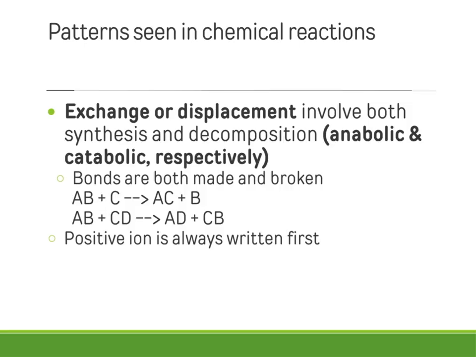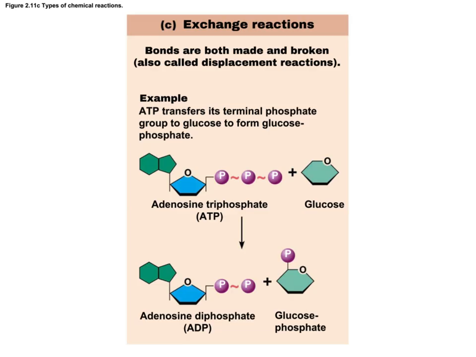But more often than not, we see exchange or displacement reactions, where we have both synthesis and decomposition. So you have both building and breakdown, or anabolic and catabolic. And that's where bonds are made or broken. When you're writing ions or ionic bonds in these chemical equations, make sure you're always writing the positive ion first.